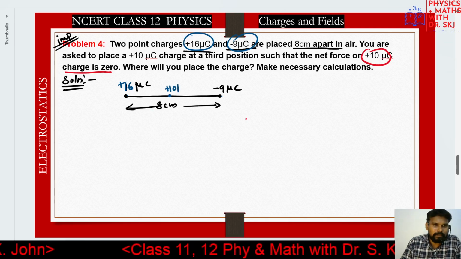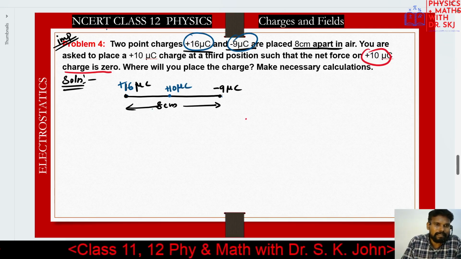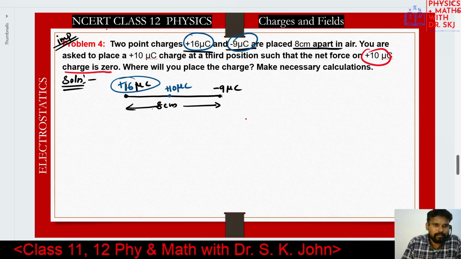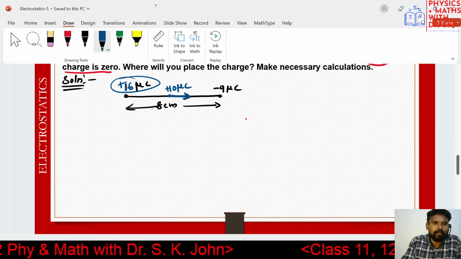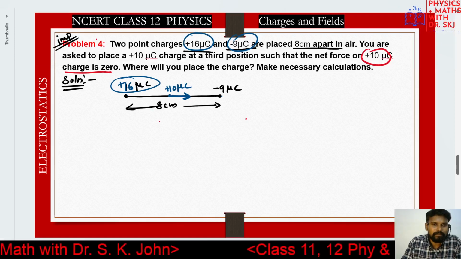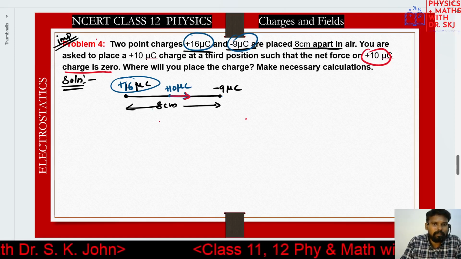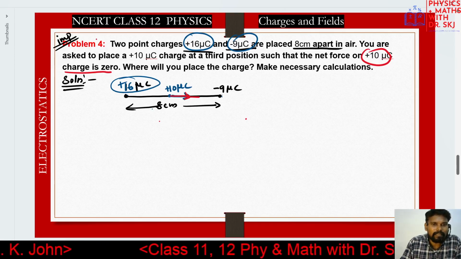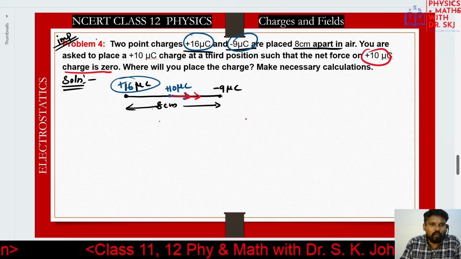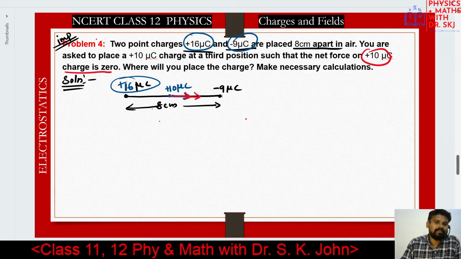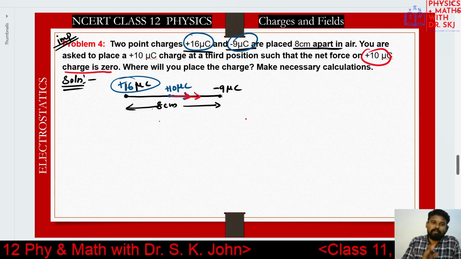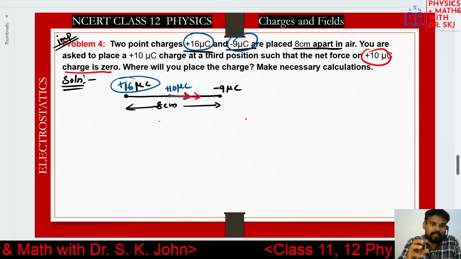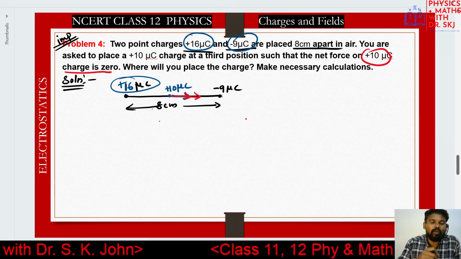You know it's a positive charge. So the plus 16 microcoulomb charge will repel this charge. But this minus 10 microcoulomb charge will attract this. So the forces will be added. So the net force cannot be zero when a positive charge is placed in between these opposite charges.